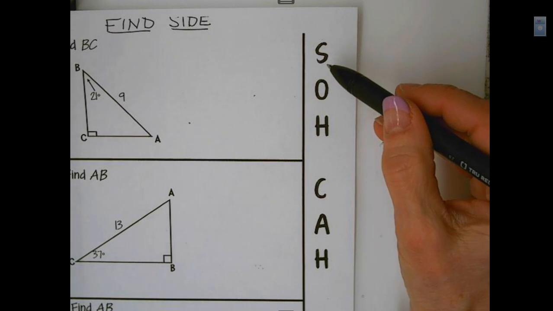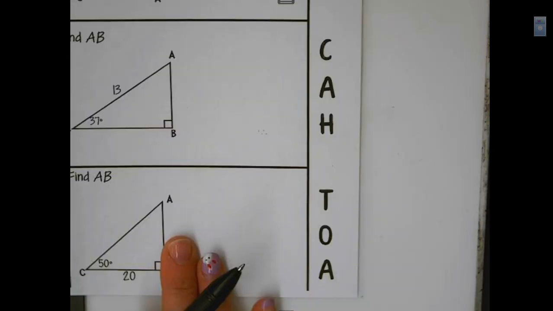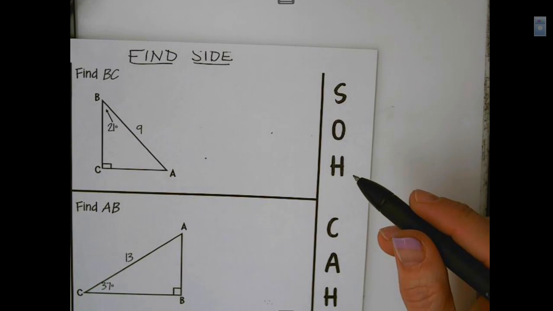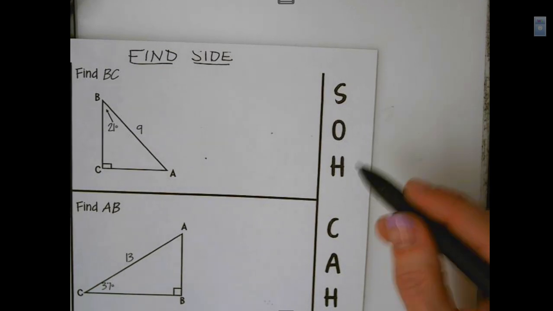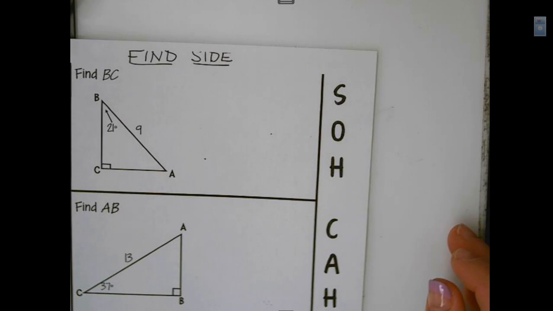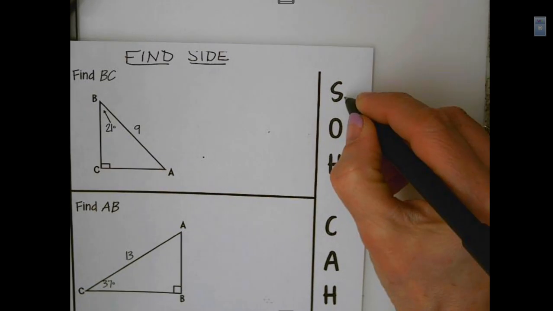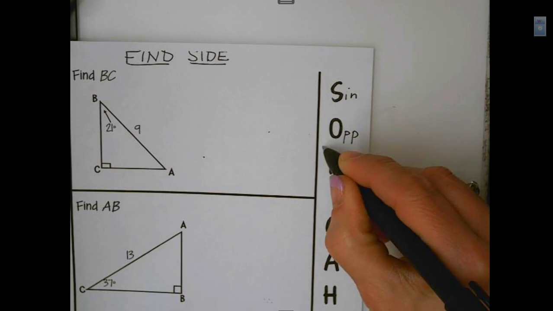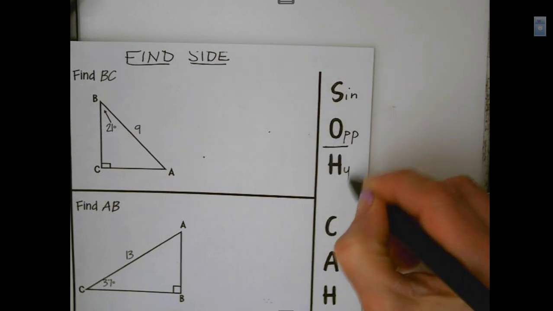We pronounce it SOHCAHTOA. And we'll probably have this on the board so we have a visual of it so that you know exactly what you have to divide on each of these trig functions. So this represents sine, and sine is opposite divided by the hypotenuse.